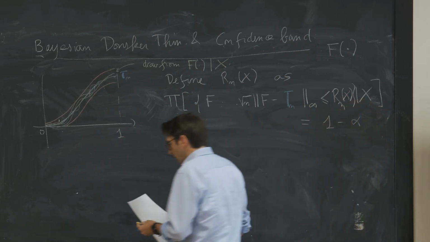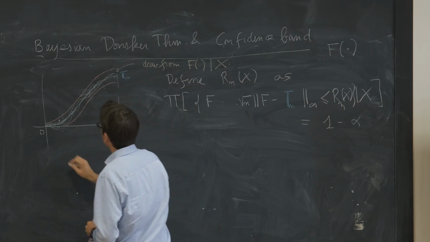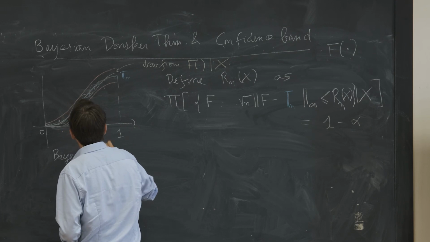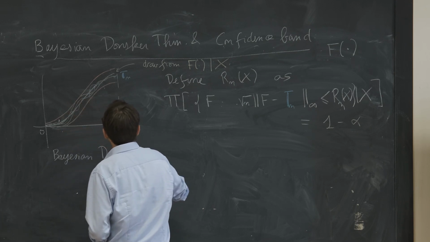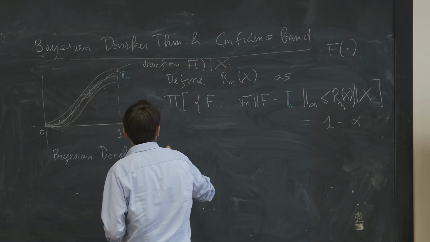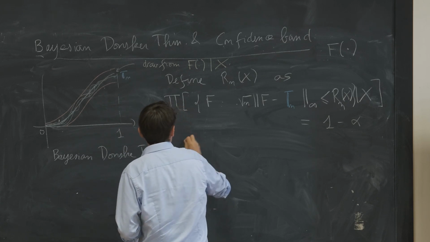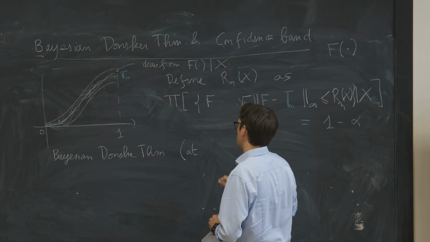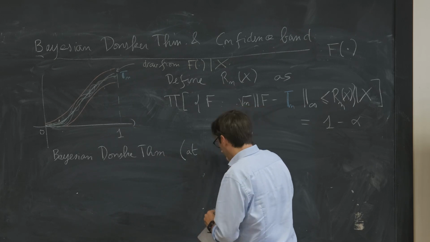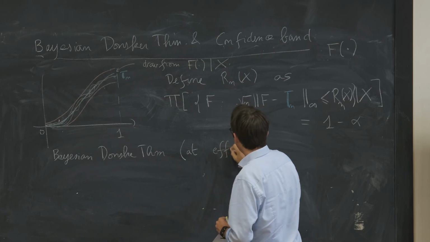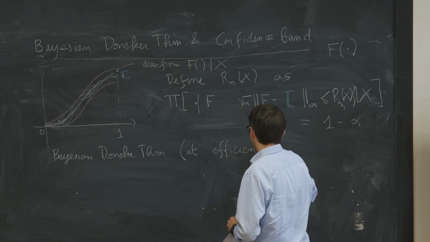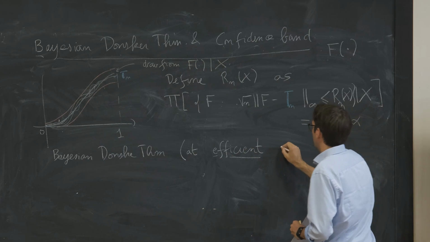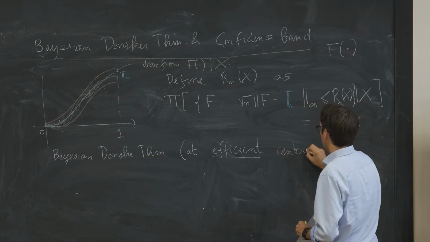And it's a consequence of the Bayesian-Donsker theorem. I didn't talk much yesterday about the centering. I told you that I was leaving this aspect aside, but when we talk about BVM in general, we want the centering to be efficient, so you have to check that. You can take different things.